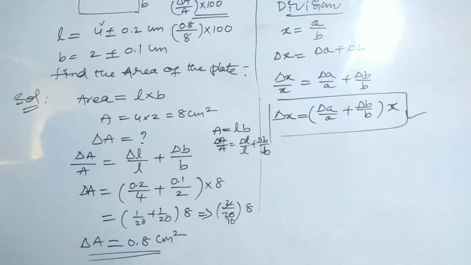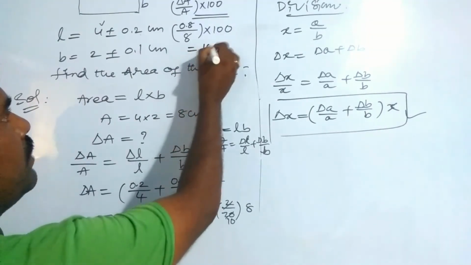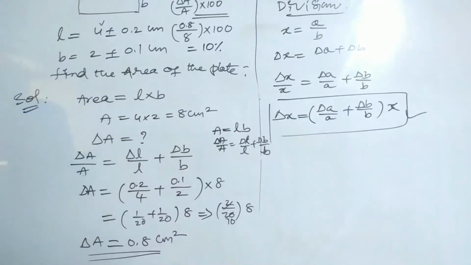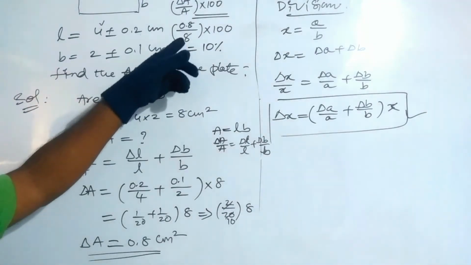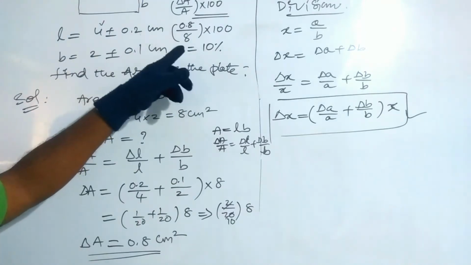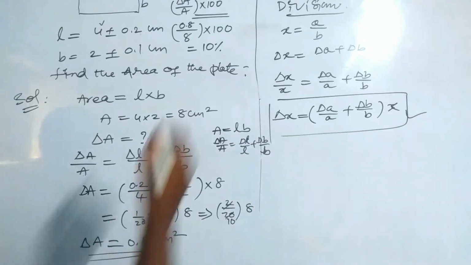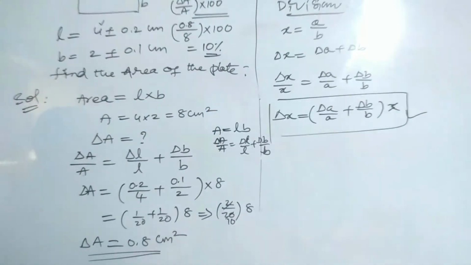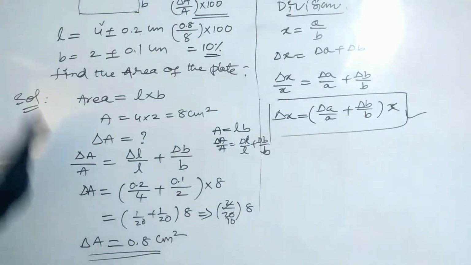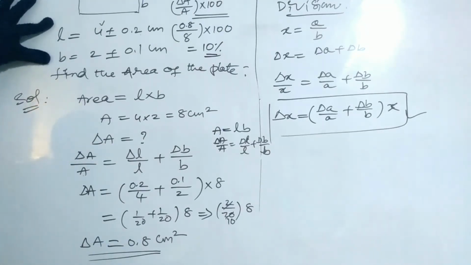So how much percentage here? 10 percent. 0.8 by 8 is 1 by 10, and 10 times 100 gives 10%. The percentage error in the area is equal to 10%. So this is the method we use in case of multiplication.